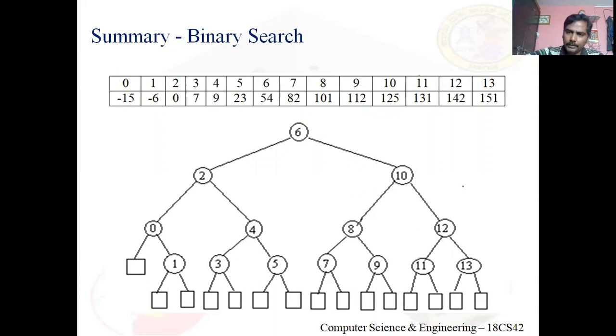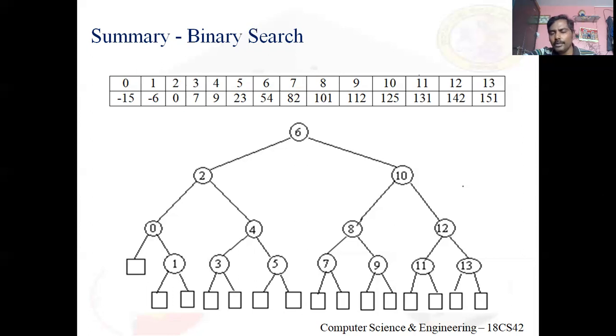So the last rectangular node, the right node of node 13, represents all indices after 13, might be 14, 15, 16. If 160 exists, it will exist in the right subtree of node 13.